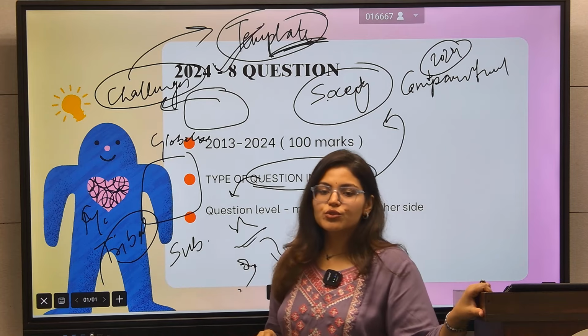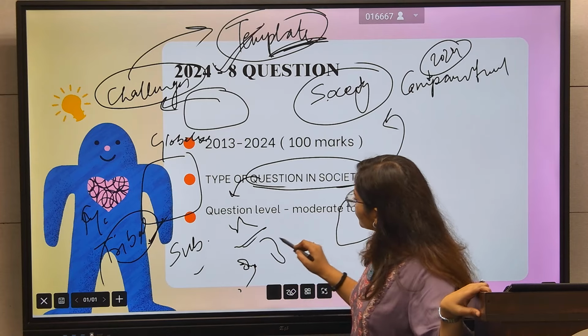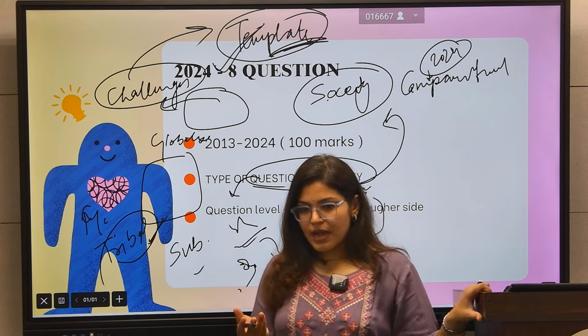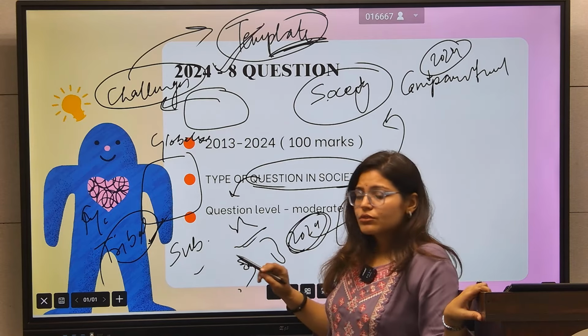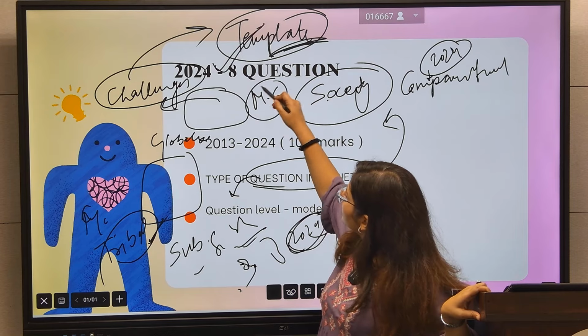It is hard to generate 5 to 6 points on tribals. But in 2024, UPSC asked a question on the marginalized section as a whole.